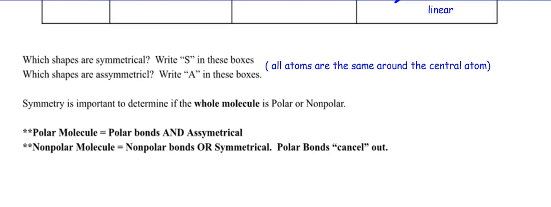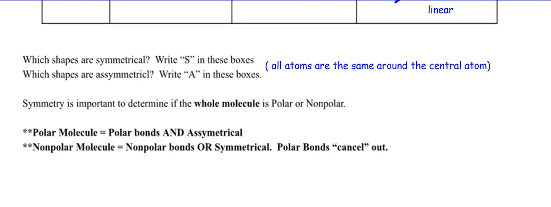So this is huge. A polar molecule, you must have two conditions met. You must be polar and not symmetrical. All right, you must have polar bonds like the big four, and it can't be symmetrical. That means it's going to be bent, or it can be trigonal planar or trigonal pyramidal. All right, so you're looking at the symmetry and the bonds.